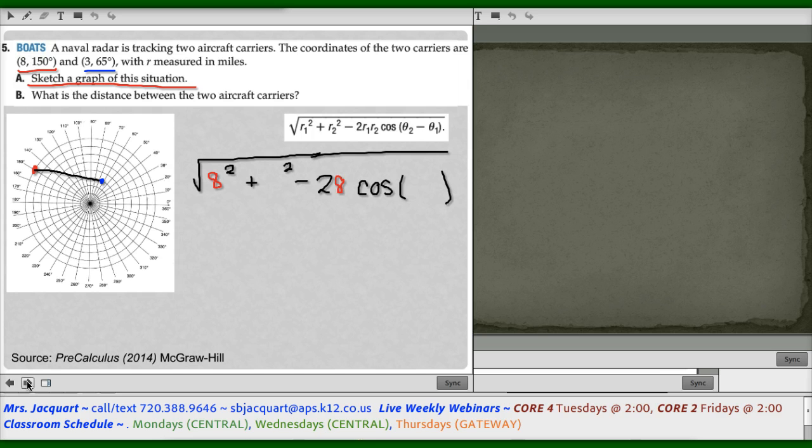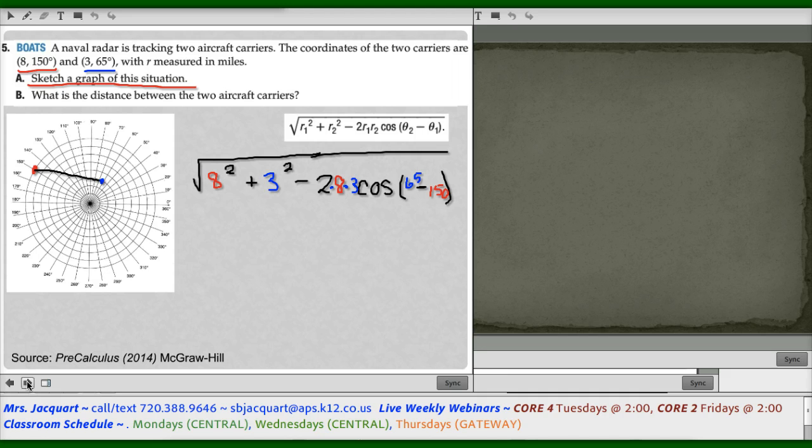This will be 8. And then, oops, we forgot the minus part. 150. Okay, let's put in our blues. So blue. Okay, so that's 3 squared. These are times. And then this is 65.